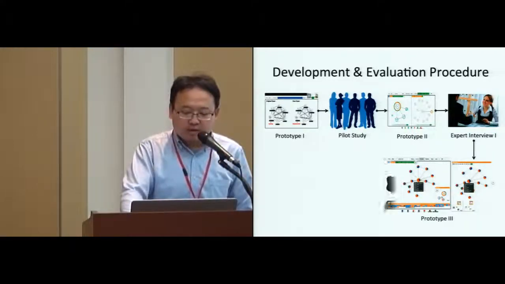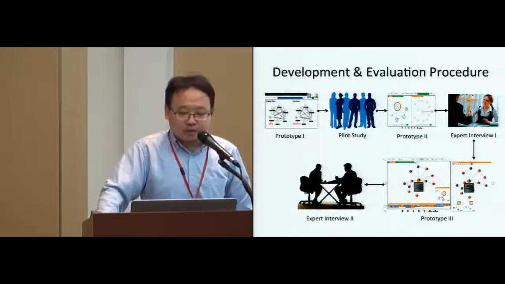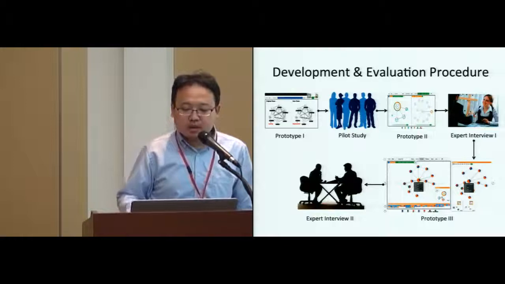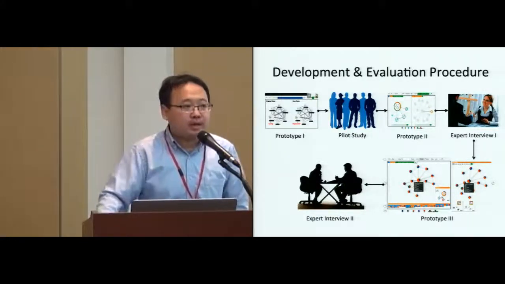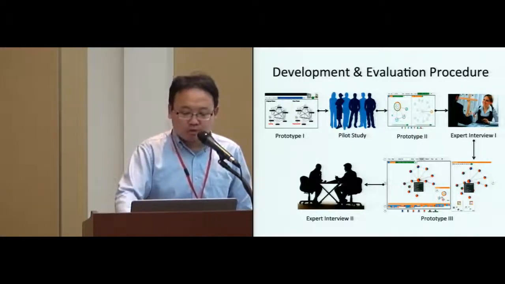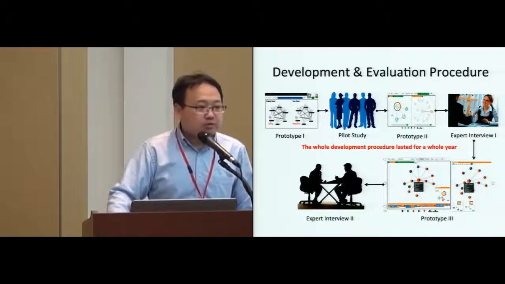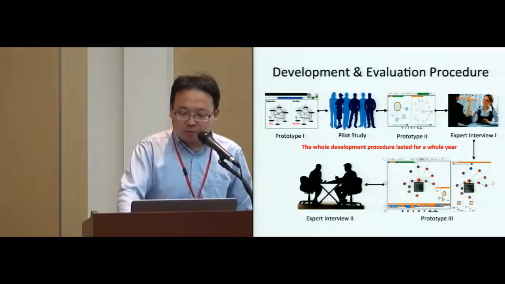Finally, in the final interview, the domain experts were satisfied with our current functionality. They also provided many suggestions and comments which will become our future work. The whole procedure lasted almost one year.